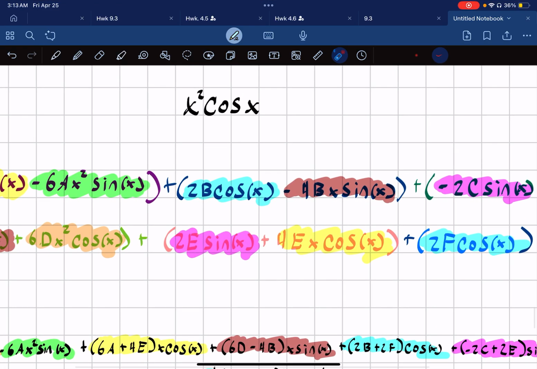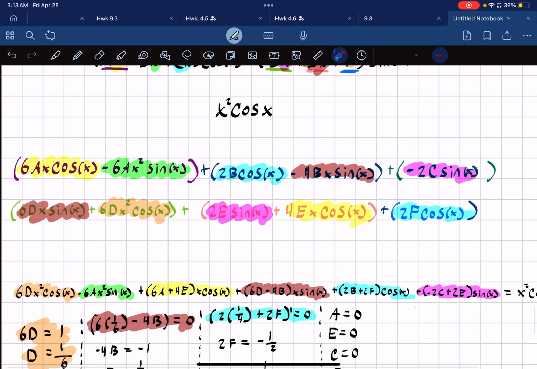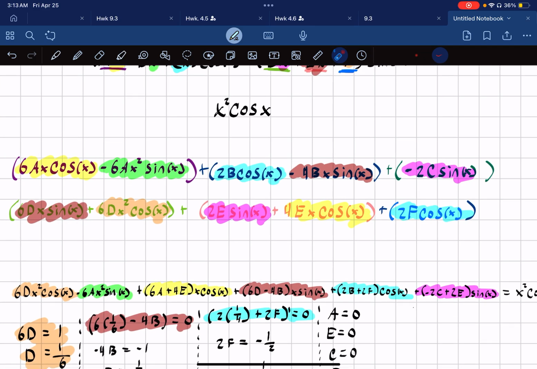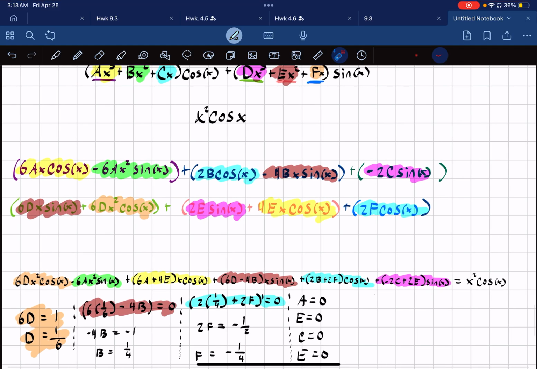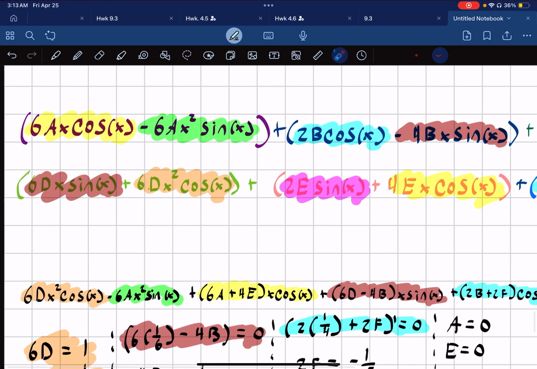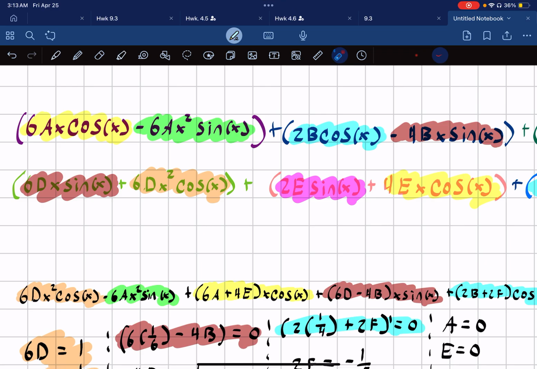What has just sine x? Oh, right here. As you can see, we just find each other like the X, like a pirate. So basically, we group those together, and I color coded it for you guys so it'll be visually pleasing to look at.